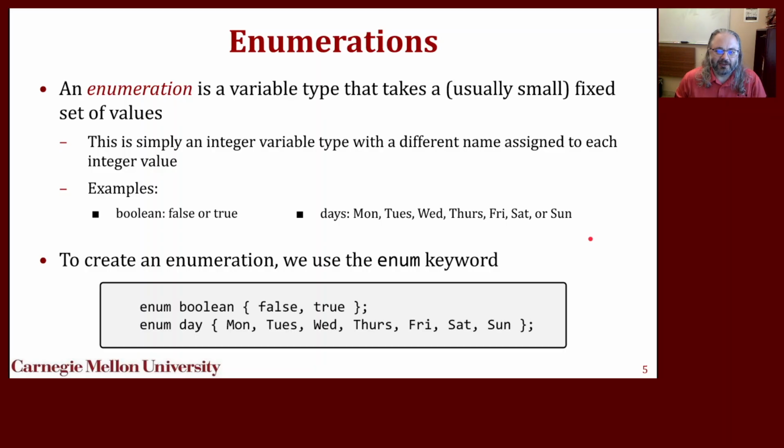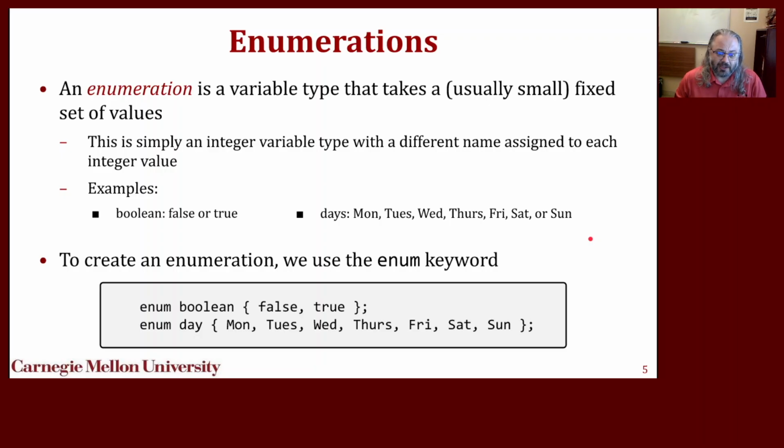An enumeration is nothing other than a list of names that we can create to refer to this fixed set of values. I think the best example of this is if we wanted to create a Boolean variable. A Boolean variable takes 2 values. They have names: false and true.